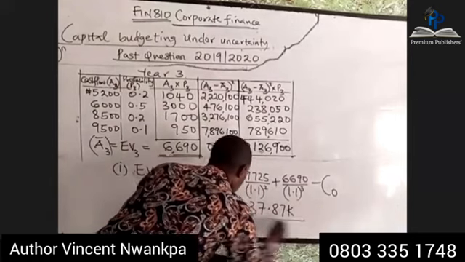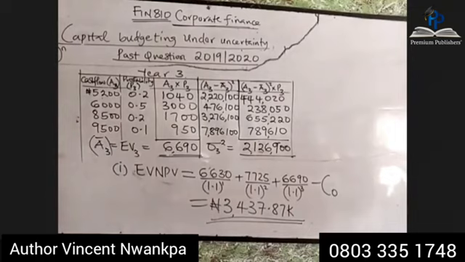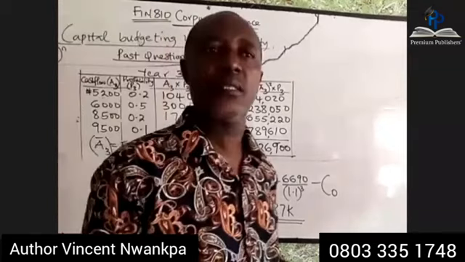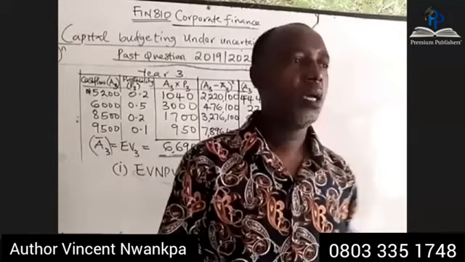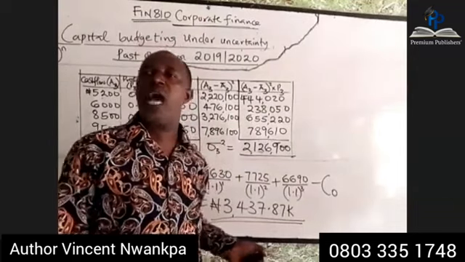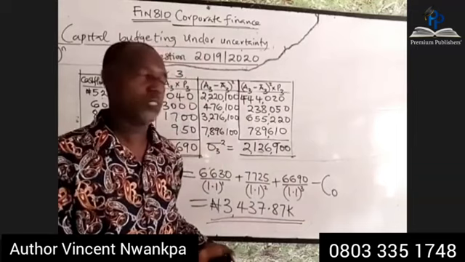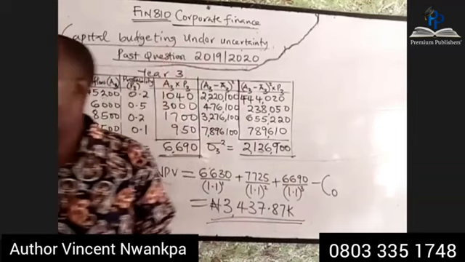17,487. Don't forget that our cost of capital C0, starting from the beginning of the question, is stated as 14,000. Check your question. At the beginning, our cost outlay or cash outlay or project cost is 14,000.